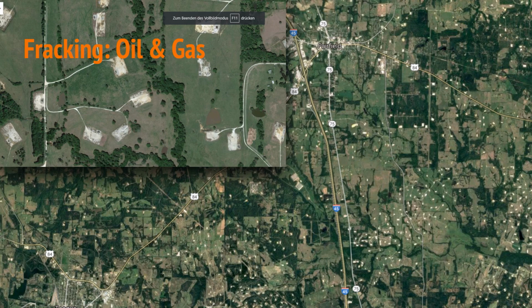It is mostly based on pressurizing water below the ground, up to 3000 bar as far as I know, so that the rock deep down, maybe one or many miles, is cracked, and through these small cracks the oil and gas can come to the surface.